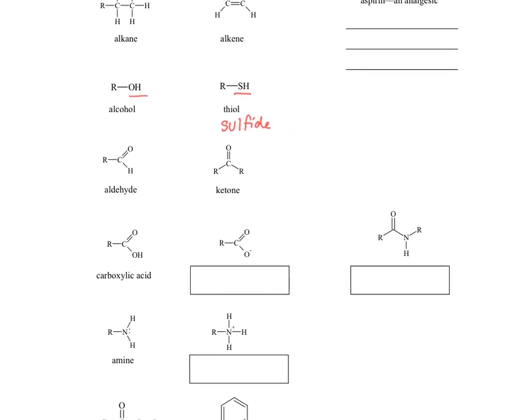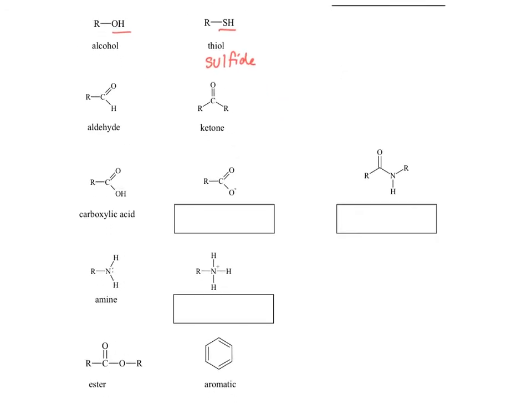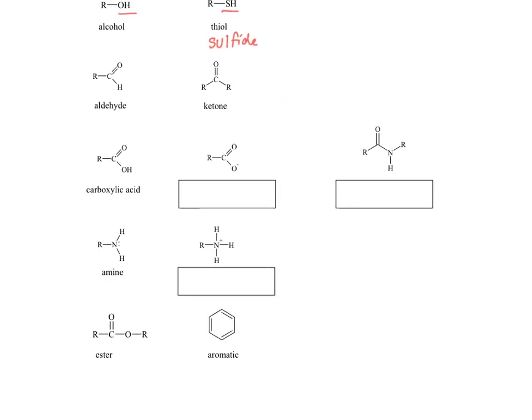So, moving on, we'll go down to the bottom of the page here. There are some groups that are going to play particularly important roles in this class, and I want to tell you a little bit more about them. I suspect you're familiar with carboxylic acid and amine from your organic chemistry class, but what's going to really play a big role here is the fact that these are acids and bases.